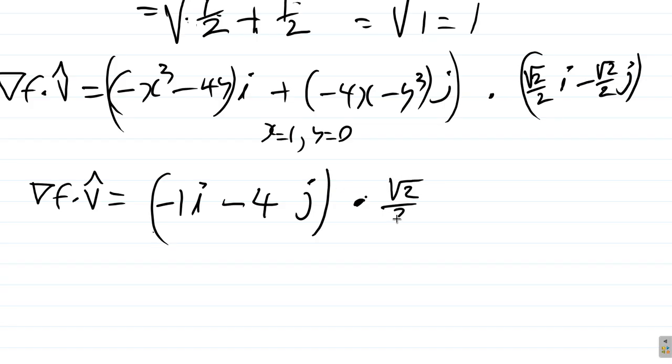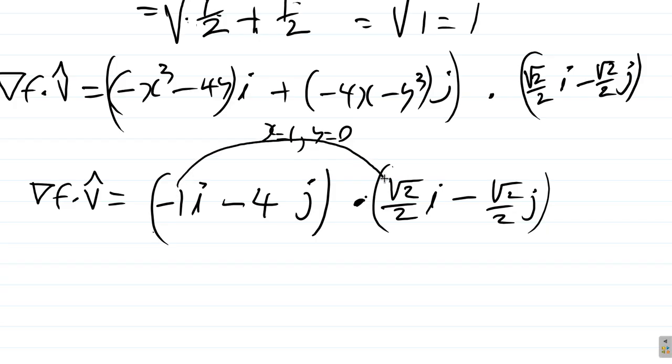Remember, with the dot product, it's the coefficient of i times the coefficient of i plus the coefficient of j times the coefficient of j. That's the dot product.